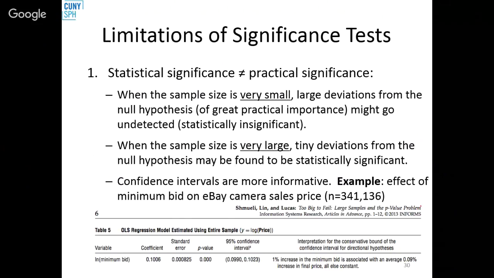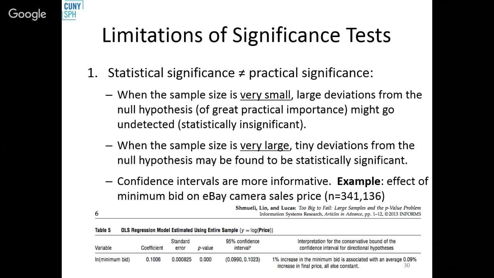It's not exactly a problem, but this paper was talking about the relative uselessness of significance testing on very large sample sizes. And it gave this example of whether the minimum bid that eBay's sellers set for cameras has an effect on the end sale prices.